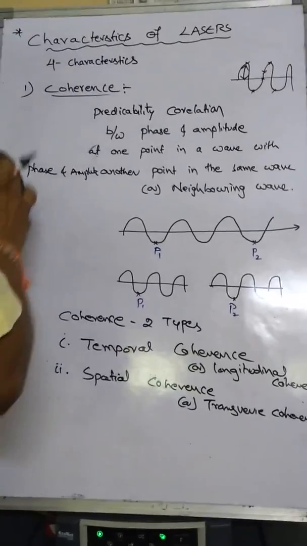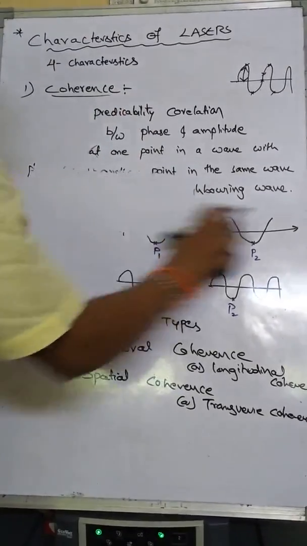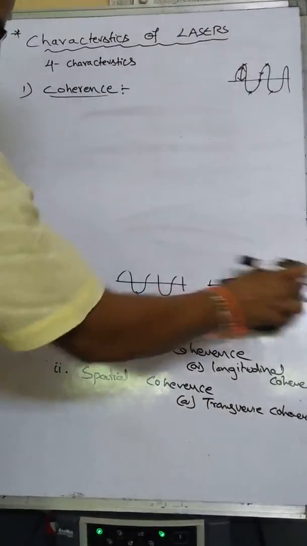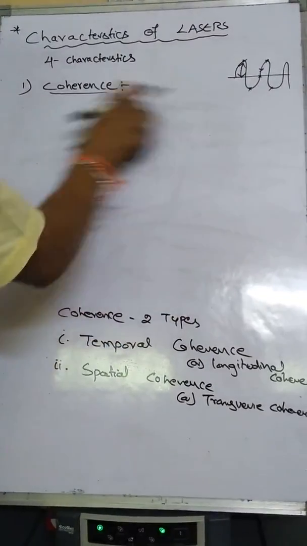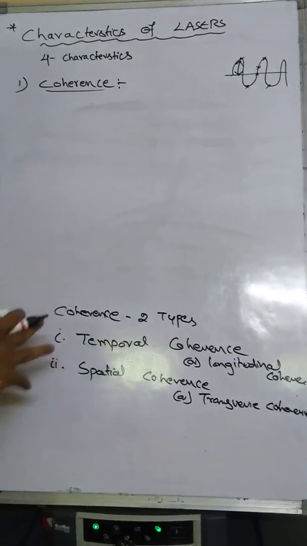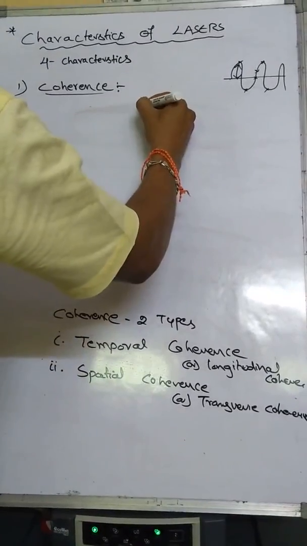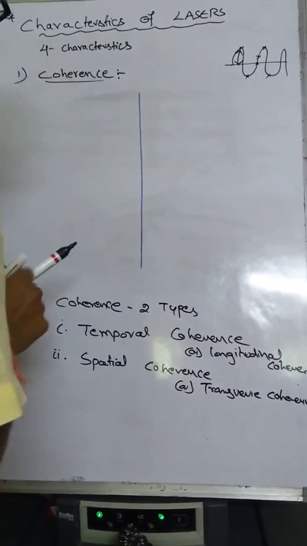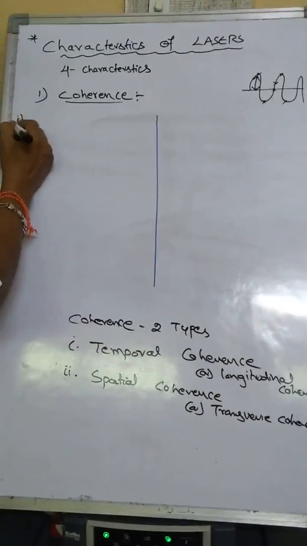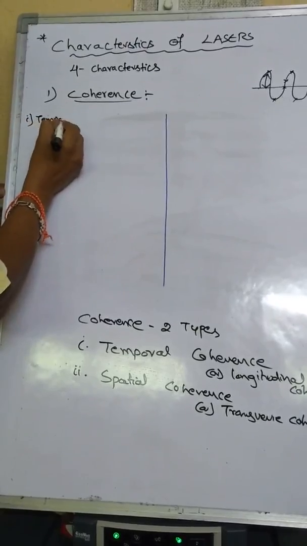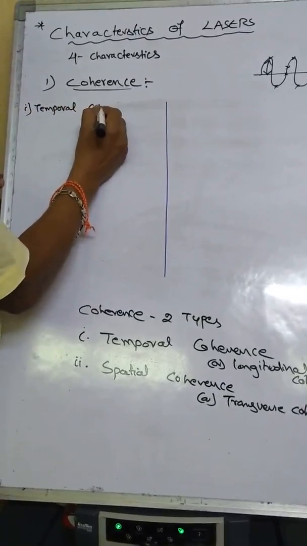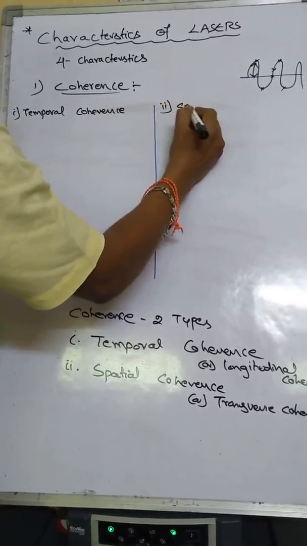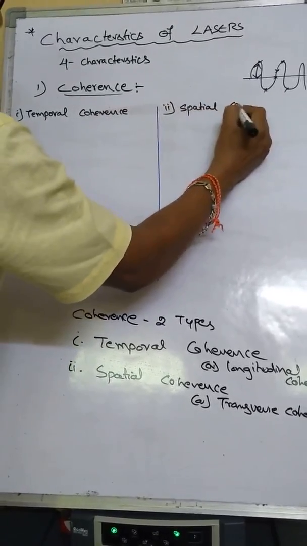Let me go for what is a temporal coherence. If I go for the discussion and the clarification with the divisions side by side, how the 2 names are bifurcated, first we will be discussing temporal coherence, and in parallel we will be discussing spatial coherence.